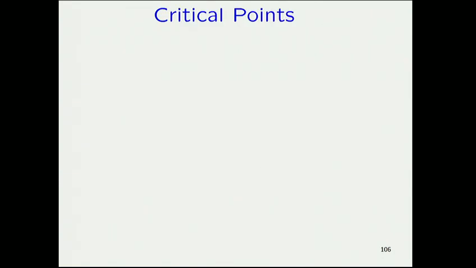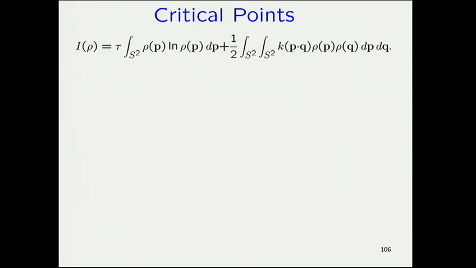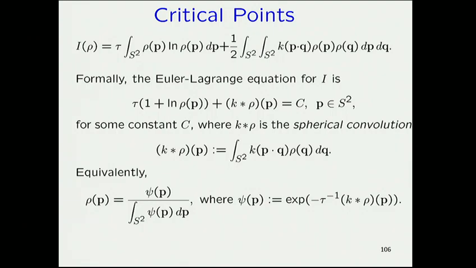Okay, so now the first thing which I touched on last time is how do we define what a critical point is? Because we have this constraint that rho is greater than or equal to 0. So formally, just forgetting about that sort of problem for a moment, we could calculate the Euler-Lagrange equation. So that would mean that we'd have to take the derivative with respect to rho of this.